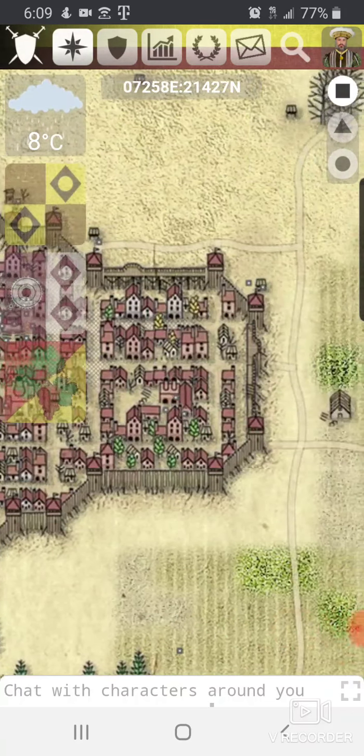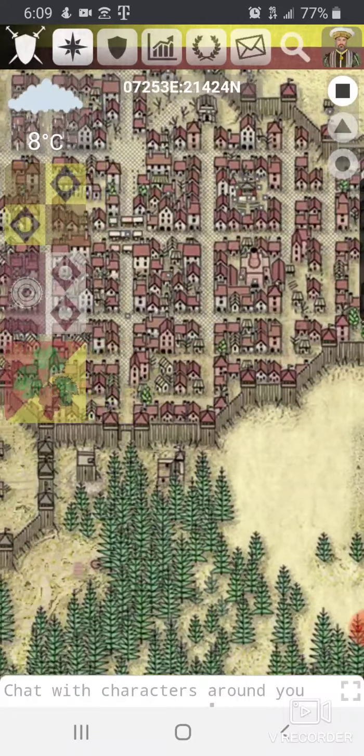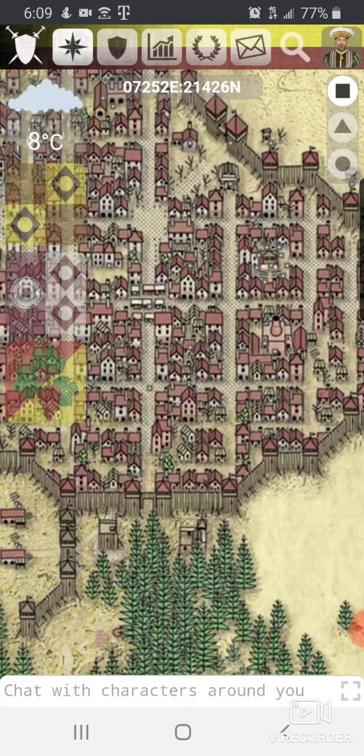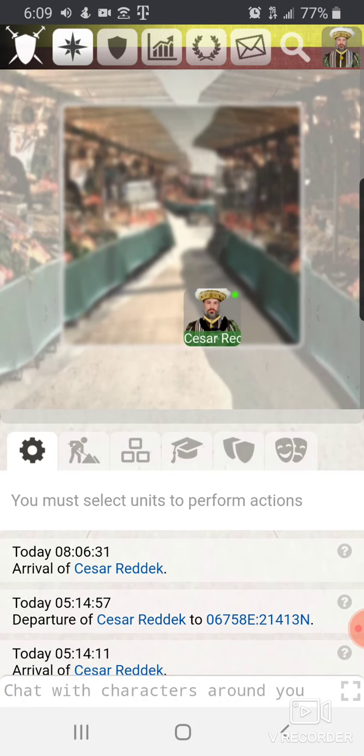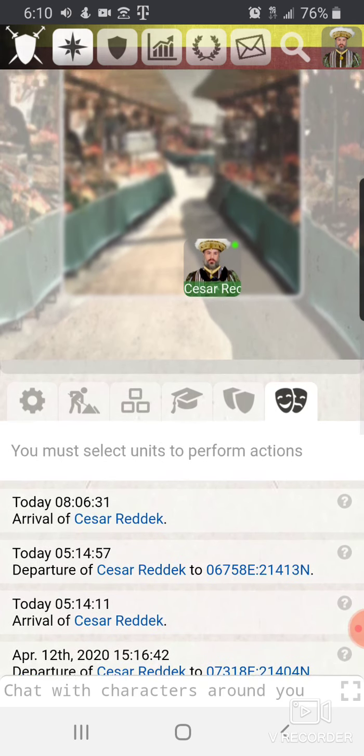All right, now let's get into the... It's hard to explain, but I'll just take you through it. These tabs here, you have your actions, your building, your production and harvesting and all that, your training, your ceremony stuff if you want to found a domain, and your prayer and entertainment stuff.